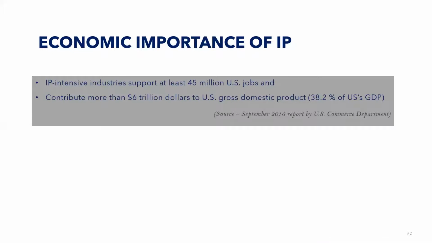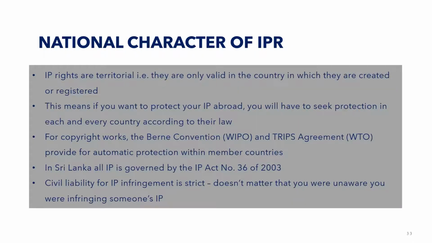It supports 45 million jobs in the US, and it contributes $6 trillion to their GDP. So that's 38.2. You can imagine the amount of financial gain in intellectual property. It's really a great tool for economic development.